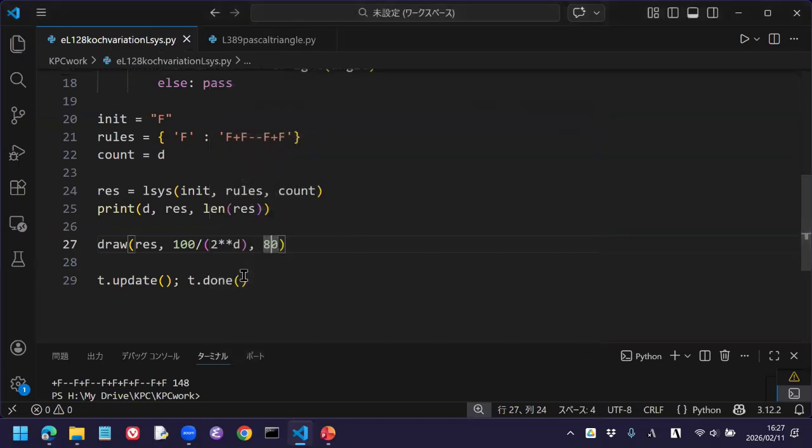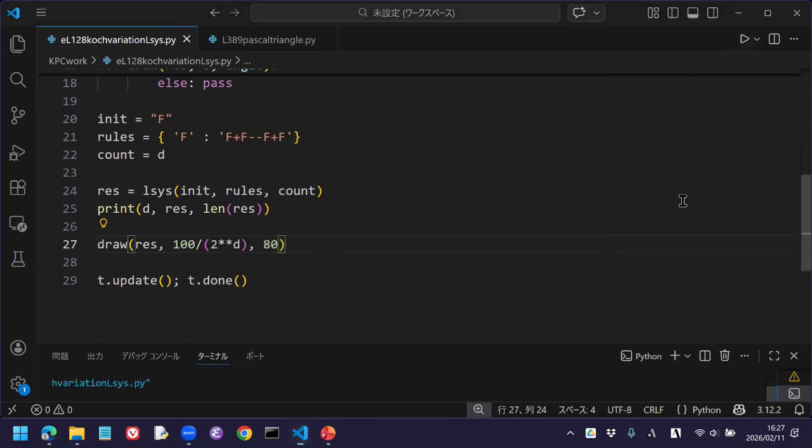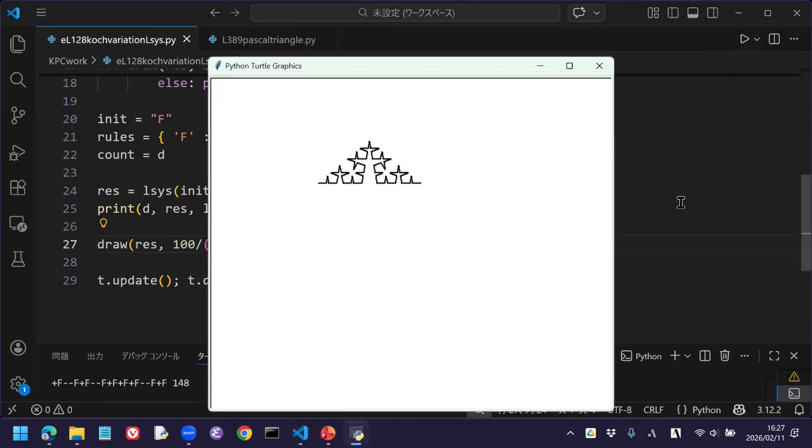Okay, so here we have 80 instead of 60. So let's see how it looks. Okay, so this is our familiar Cesaro curve with a base angle of 80 instead of 60.